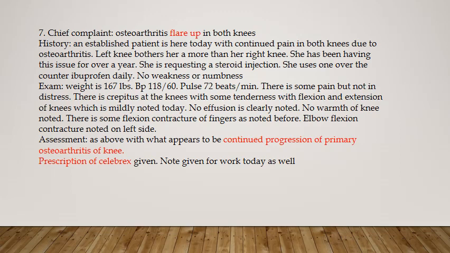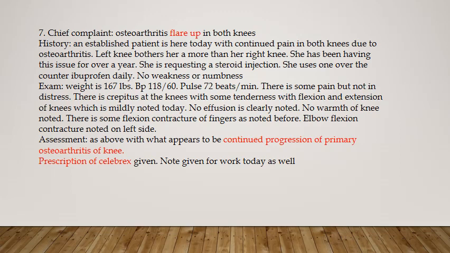So the MDM is not given straightly. We have to identify which MDM it comes under. So what is the problem? The problem here is osteoarthritis flare-up in both knees, which means osteoarthritis is a chronic condition which affects bone. Flare-up means the symptoms worsen, or the condition is worsening, or the symptom is getting more and more severe.